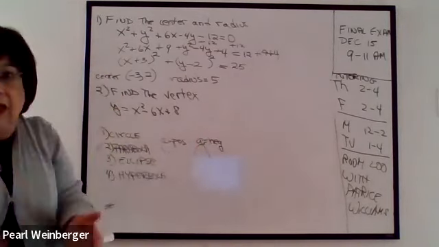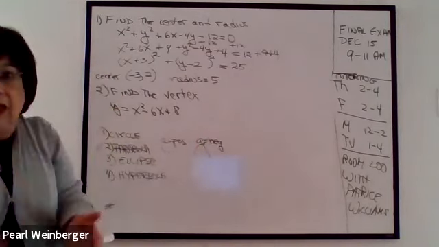And just like we did with the ellipse, the standard equation for a hyperbola is x squared over a squared minus y squared over b squared equals 1. Or it might be y squared over b squared minus x squared over a squared equaling 1.